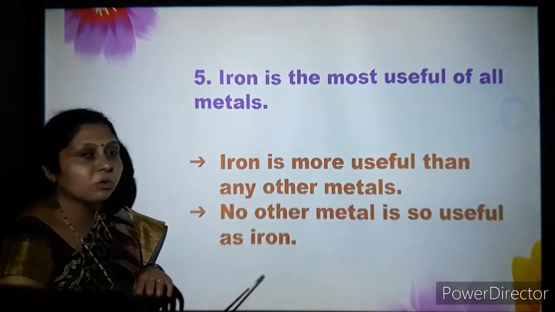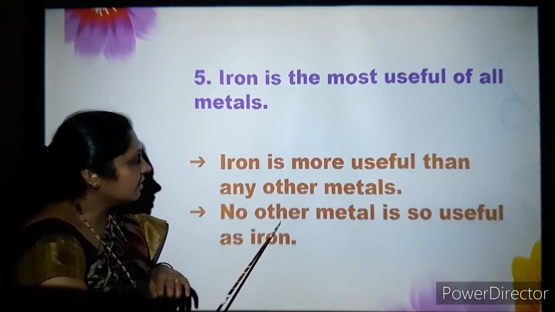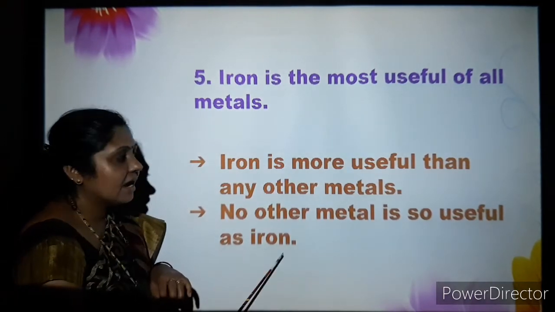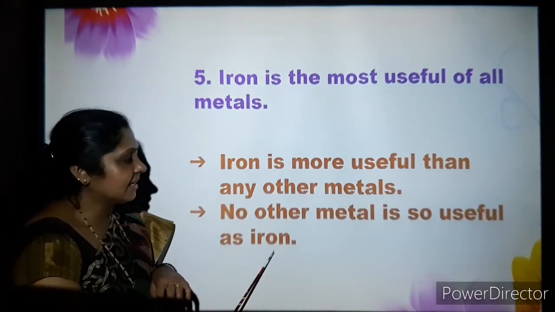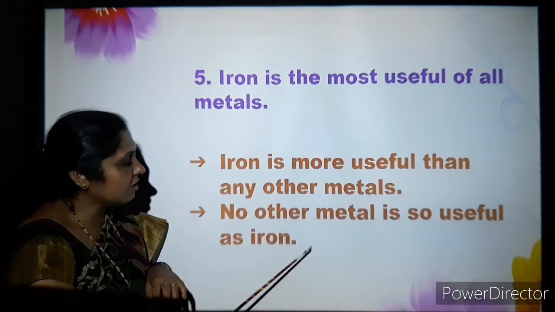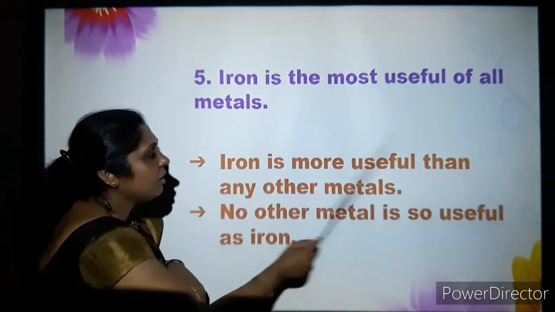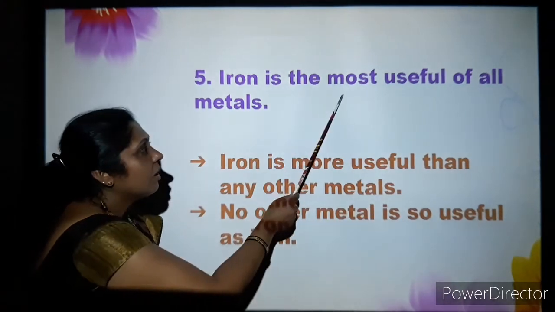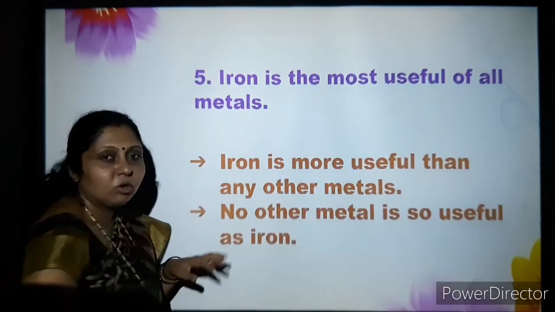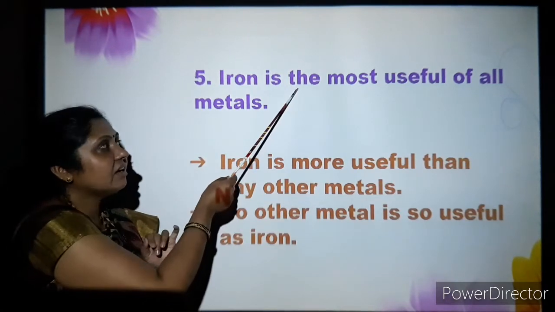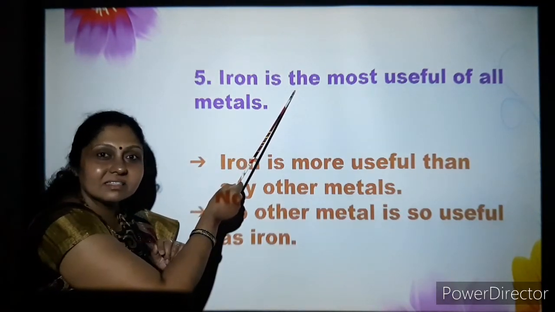Next one, it is positive degree. No other metal is so useful as iron. Here again you have to observe the forms: useful, more useful, most useful. And one more thing, when you are writing it in superlative degree, you will have the definite article, that is, the.